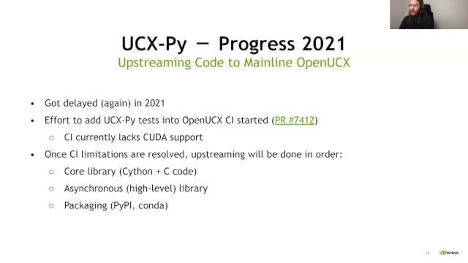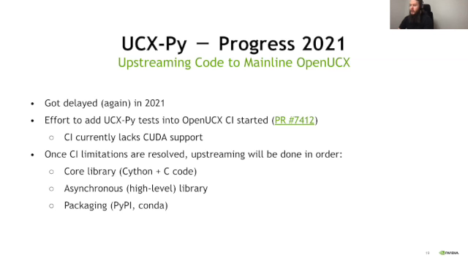Due to some limitations, such as the lack of CUDA support in CI, we're still in the process of working with the OpenUCX team to get infrastructure set up to provide all necessary capabilities before it can make its way into the mainline OpenUCX repository. We hope that perhaps after the 1.12 release, when things get a little calmer, we'll be able to complete that.